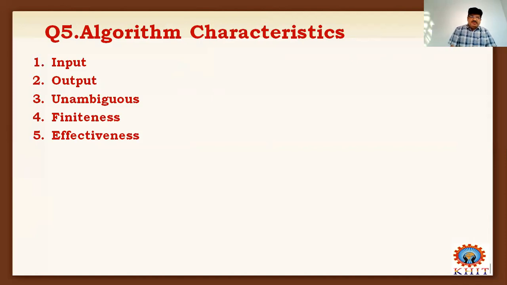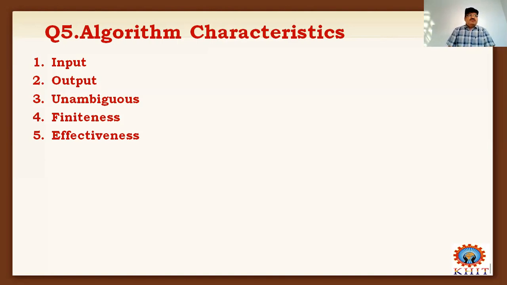So the first one is input. Whenever you are writing an algorithm, how many inputs are required? The algorithm requires 0 or more inputs. The algorithm produces one or more outputs, one or more outcomes.